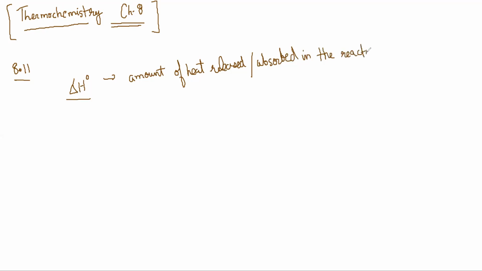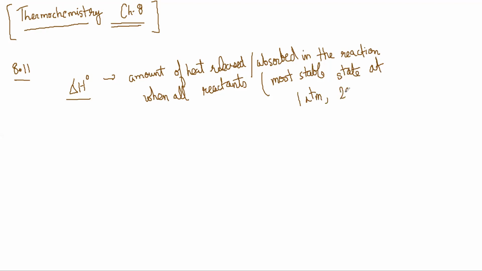So basically, most stable state at 1 atm pressure and 298 Kelvin, right? So this is the basic meaning of enthalpy, heat released or absorbed in the reaction.